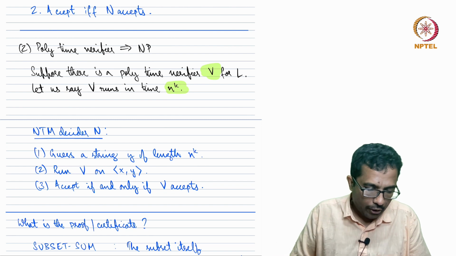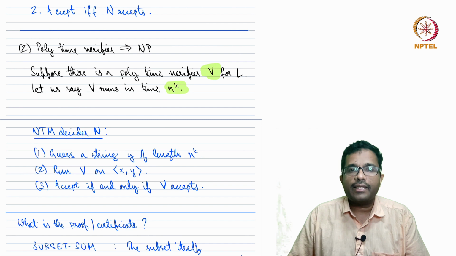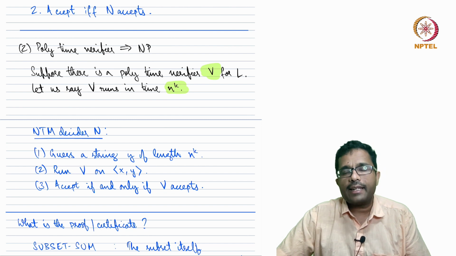So again, the non-deterministic Turing machine is very simple. It guesses the witness string and then runs V, the verifier Turing machine, on the input string x and the guessed witness string y, and accepts if and only if V accepts.